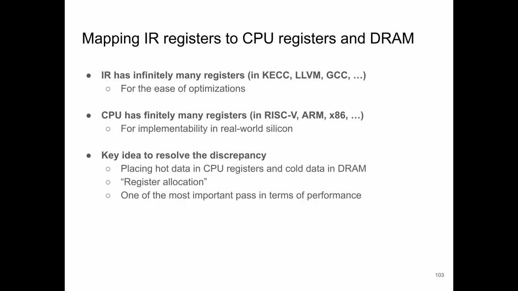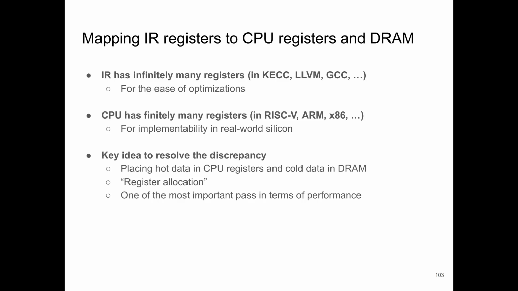That's the reason why we have infinitely many registers in IR. But on the other hand, CPUs have finitely many registers, like in RISC-V, ARM, x86, and all the other architectures. It is obviously for implementability in real-world silicon. Silicon has a finite capacity, and it cannot support infinitely many registers, obviously.